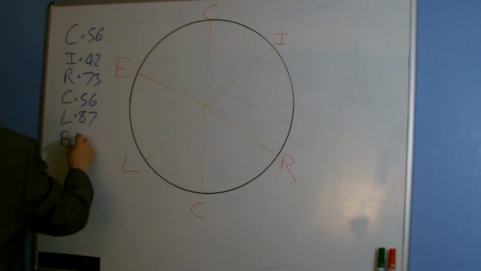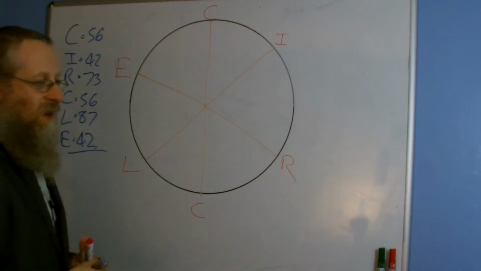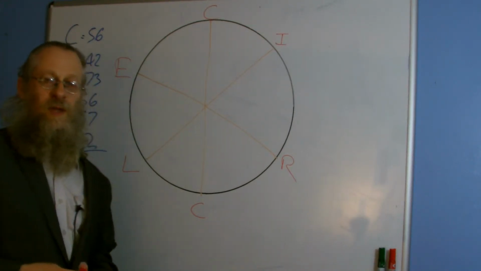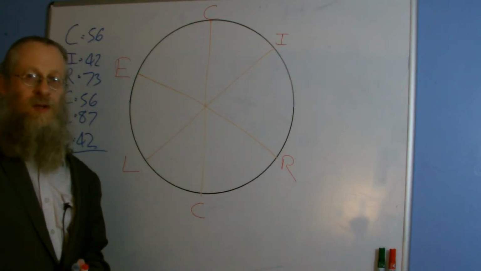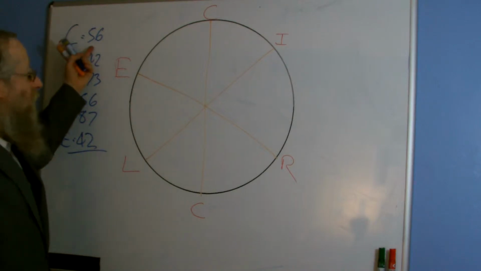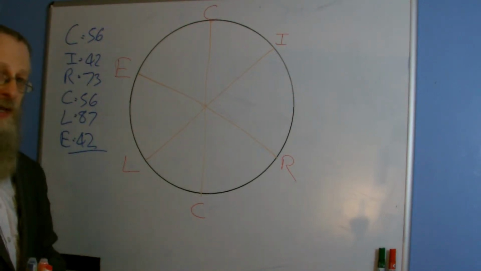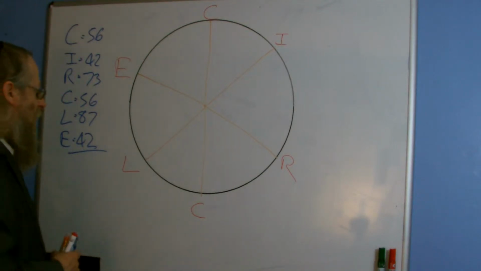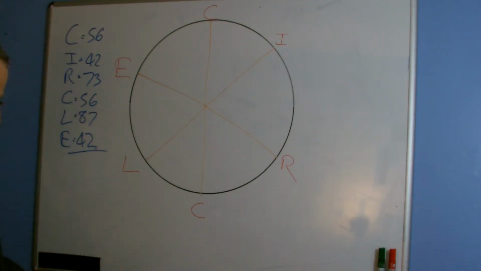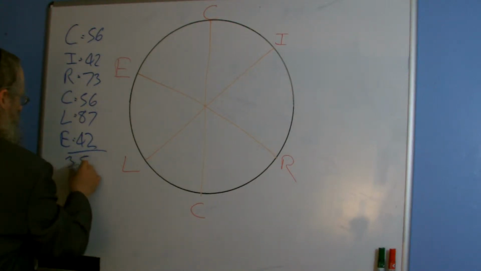L is 87. And E is 42. Remember, the large values are worked out from taking A is 1, and the word one is 34. C is 3, the third letter, and the word three is 56. Look at my previous lectures if you haven't done so, and you will see what the large values are. If I add all this together, I will get the number 356.